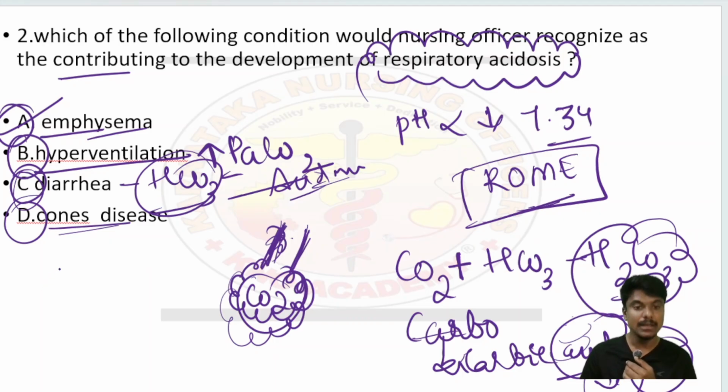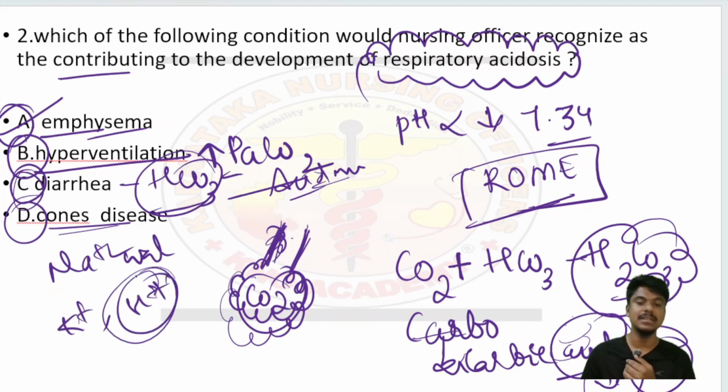Hyperaldosteronism means more sodium and water retention, and more K plus and H plus excretion. Sorry, there will be metabolic alkalosis, because you're losing H plus ions through the kidney, so you'll have alkalosis. It is not related to respiratory acidosis, so we are eliminating Conn's disease also. The right option is option A, emphysema.